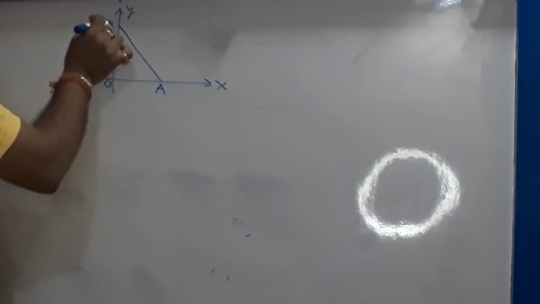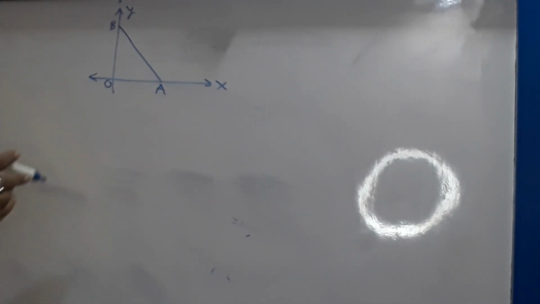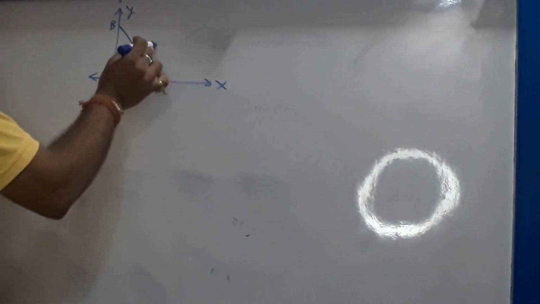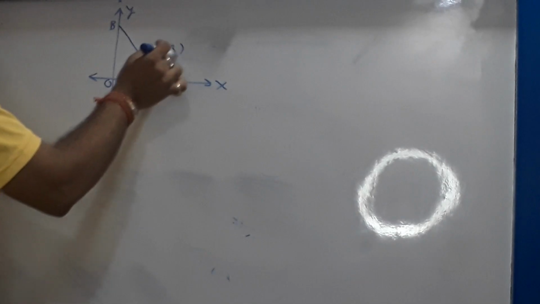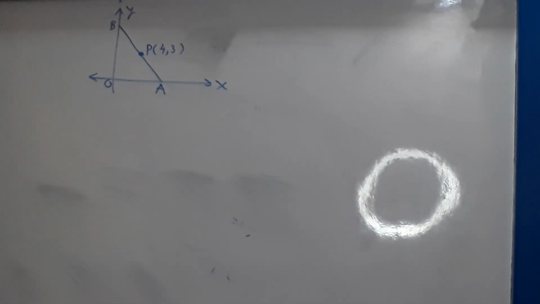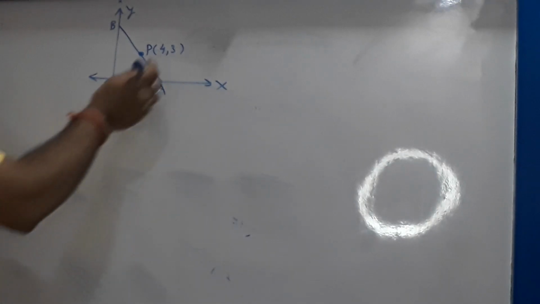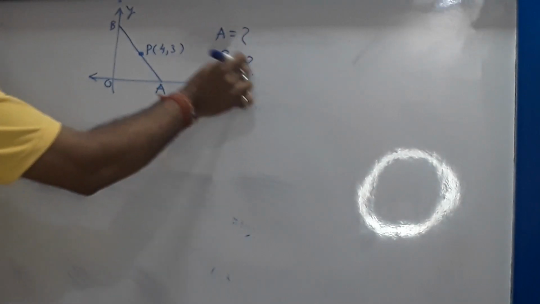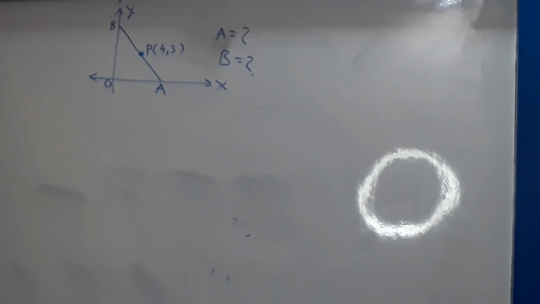P is a midpoint, P is 4 comma 3, the midpoint of AB. Find the coordinates of A and the coordinates of B. Is it clear? P is a midpoint.